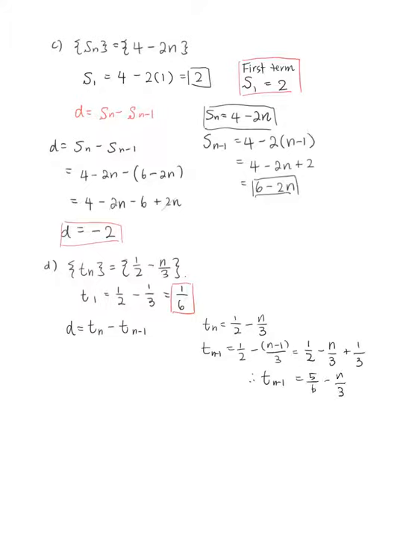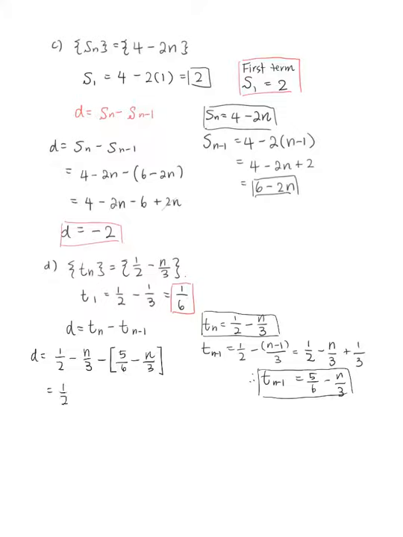Alright, so let's plug it in. So our d is going to be t sub n minus t sub n minus 1. So what do we get? 1/2 and then minus n over 3 and then minus 5 over 6 and then plus n over 3.